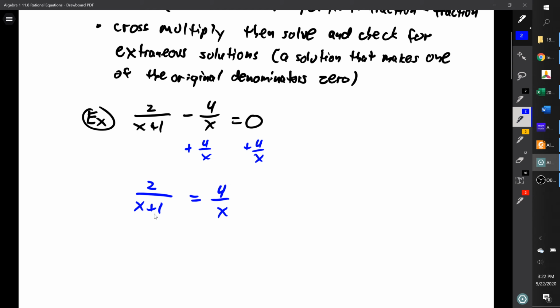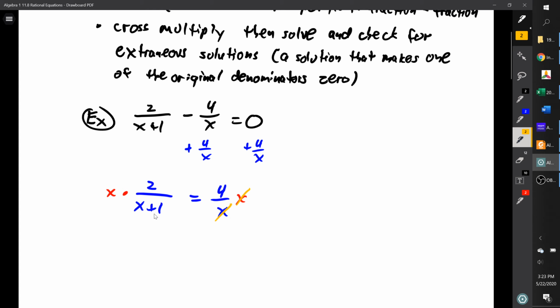More fully, what's going on is if I multiply the right-hand side by x, then I have to multiply the other side of the equation by x. When I multiply by x, multiplication goes on top, so this x cancels with this x.